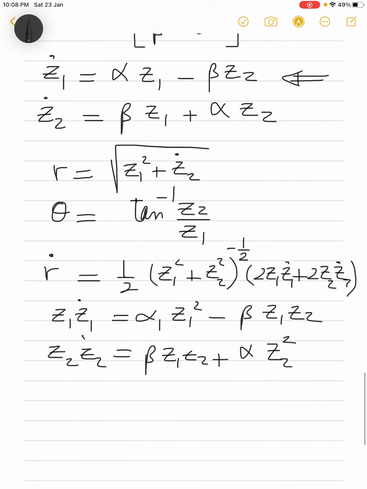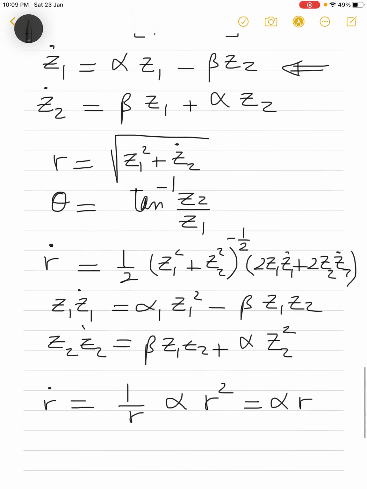And as we can see, if we take the summation of that, we can find that r dot would be equal to 1 over r alpha r squared, and that of course is equal to alpha r. So this is the first differential equation that we get.